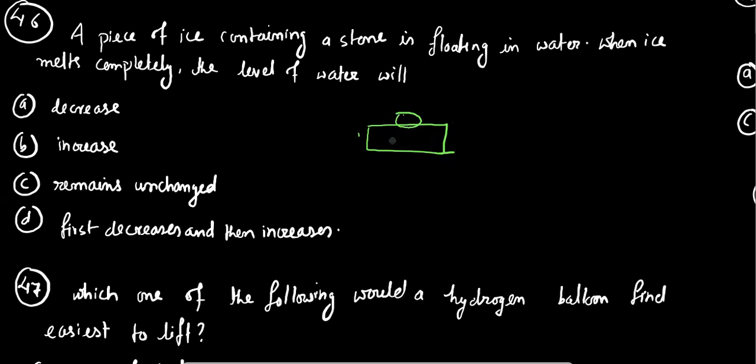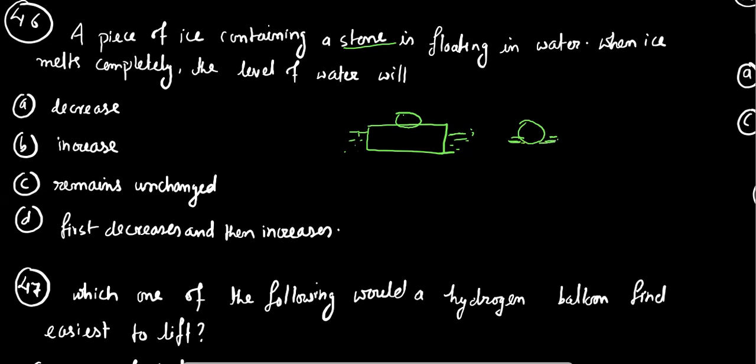So the overall weight of liquid displaced by these two together will be more as compared to the weight of liquid displaced by the stone alone, which means that in the initial case the height of liquid might be up to here, and in the second case, as the ice melts completely, the displaced liquid will rise only because of the stone alone.